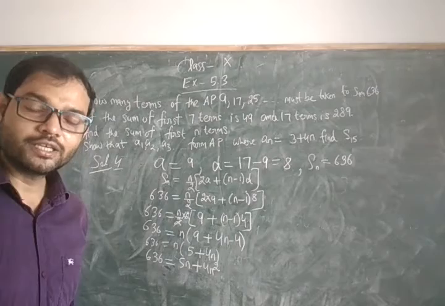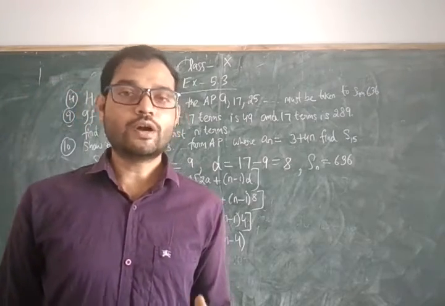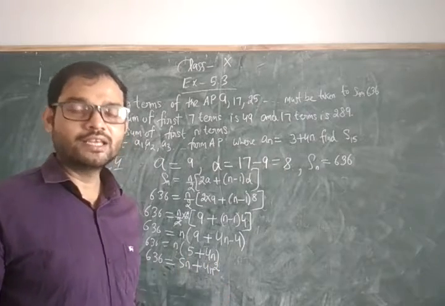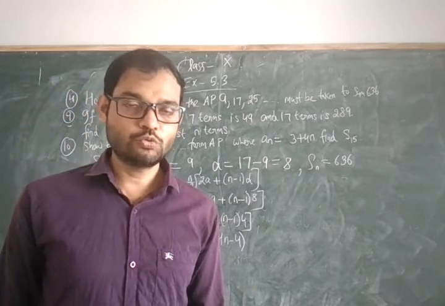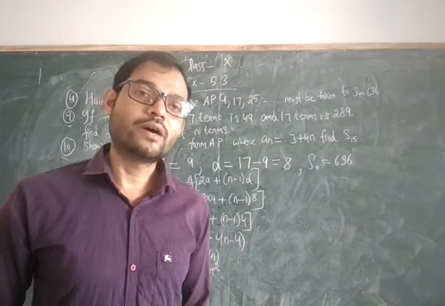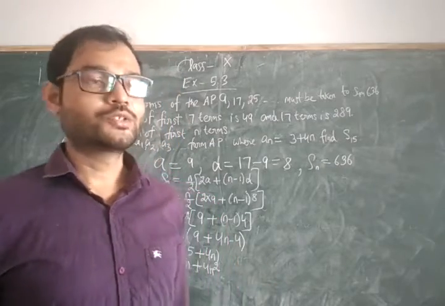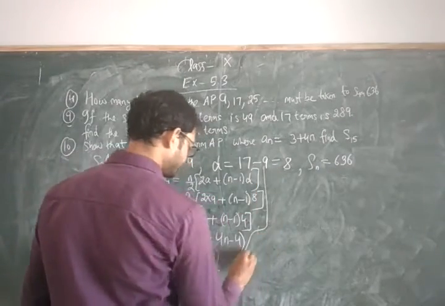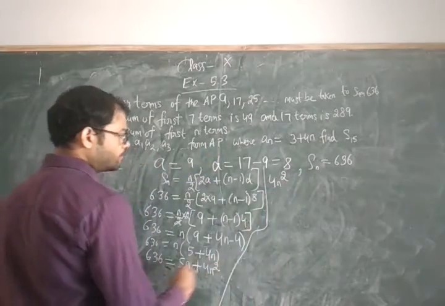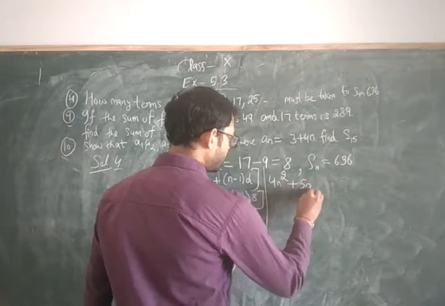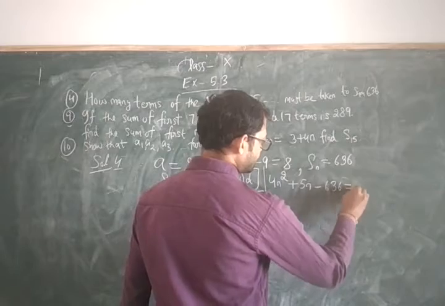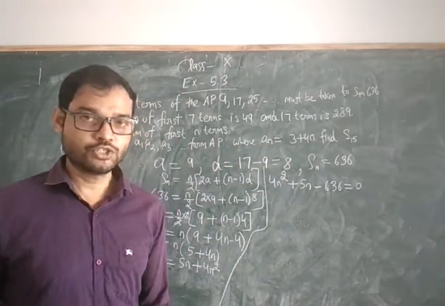If you see carefully, this looks like a quadratic equation. If I take this 636 to the other side, it becomes a quadratic equation which you can solve by middle term splitting or by using the formula. So we have 4n square plus 5n minus 636 is equal to 0.